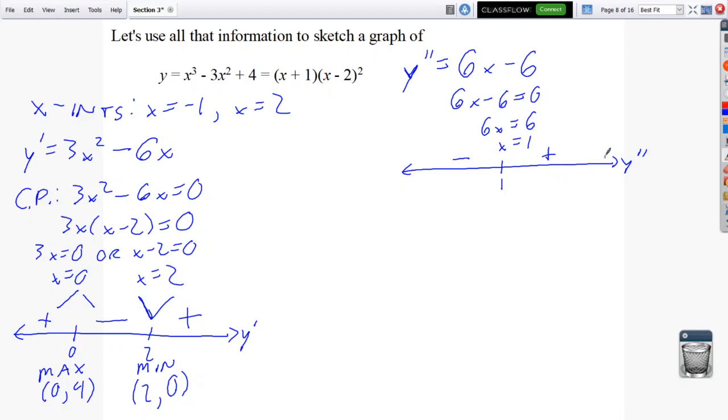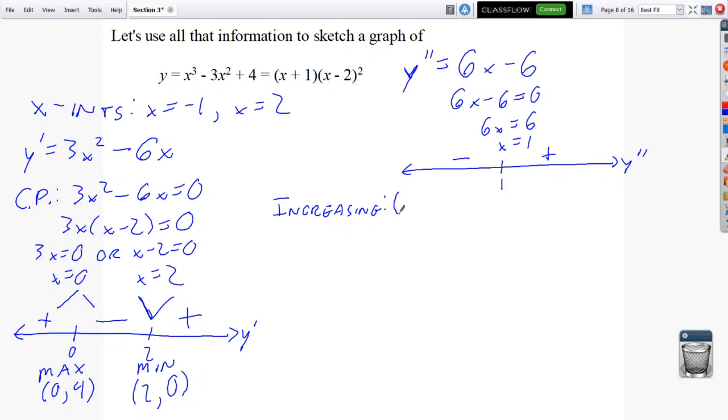So now I'm just going to interpret all of this into a list of words, and then I'm going to draw a graph here. I can determine where my function is increasing. Again, increasing versus decreasing is going to be on my first derivative. My first derivative, increasing, is wherever I see positive. So it's on this interval and this interval.